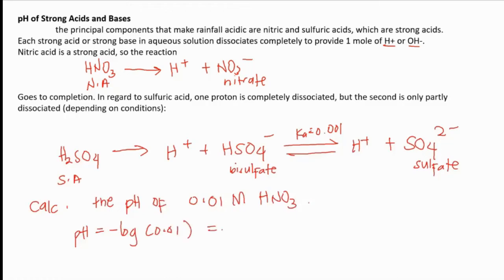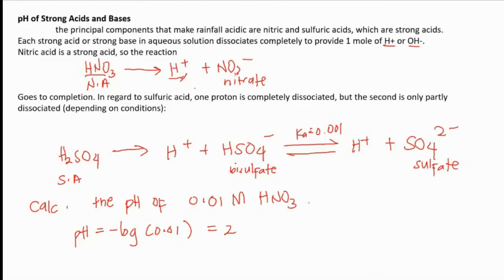And that answer is 2. So the pH is 2, meaning the solution with 0.01 molar HNO3 is acidic. Since it is completely dissociated, whatever your HNO3 concentration is, that is also the concentration of your H plus. So it's just 1:1.